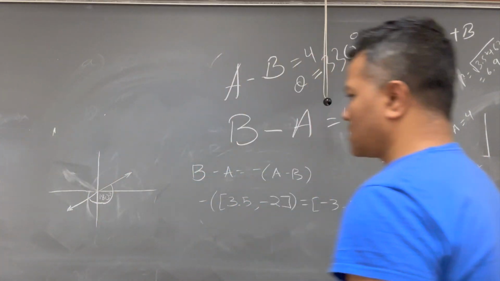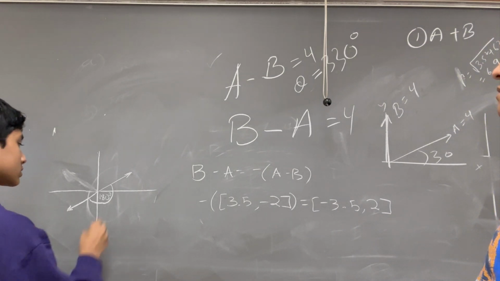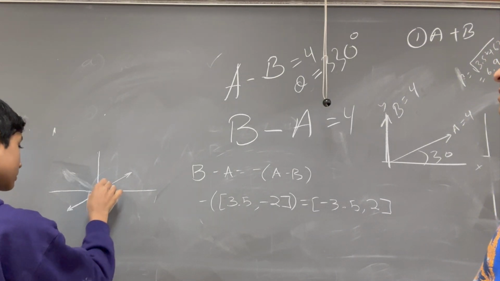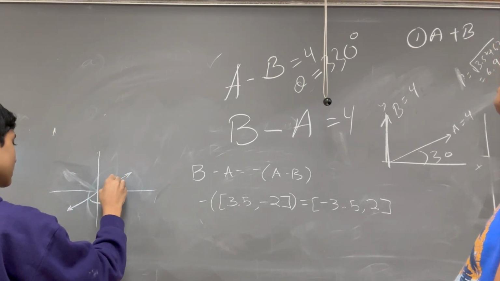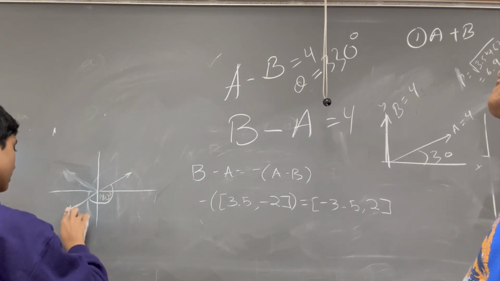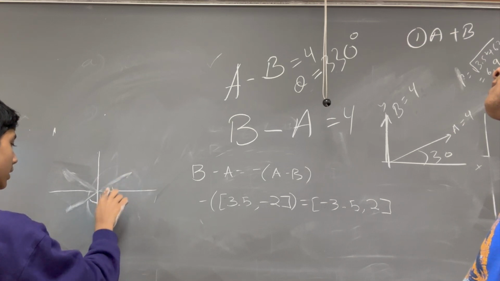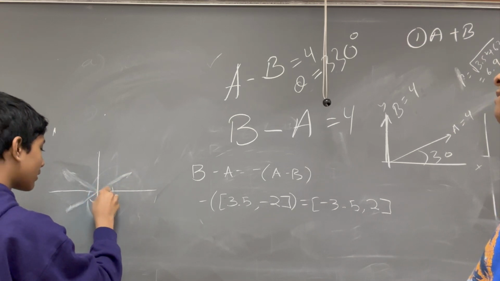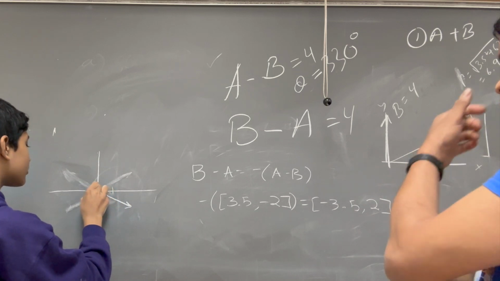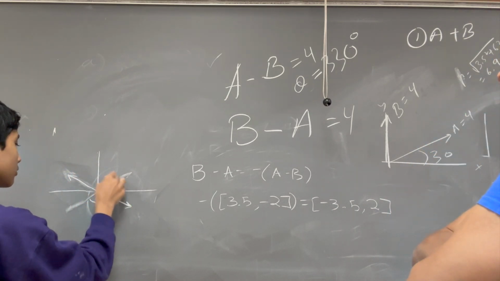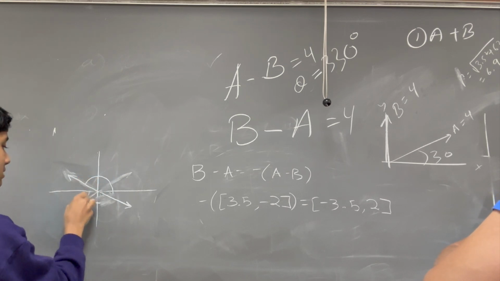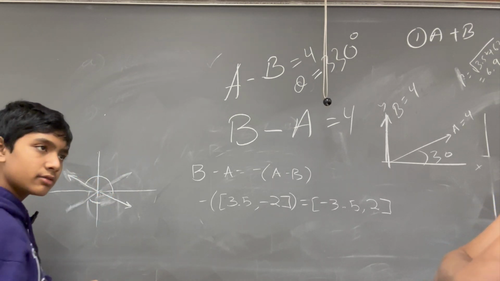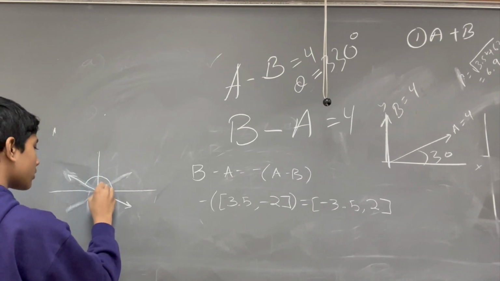Which means that, of course, the angle of this resultant is going to be equal to... this was our original resultant, and now we've just swapped it over here. So instead of it being 330, it's 330 minus this giant chunk of 180, which is equal to 150.